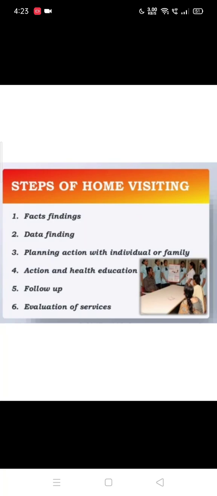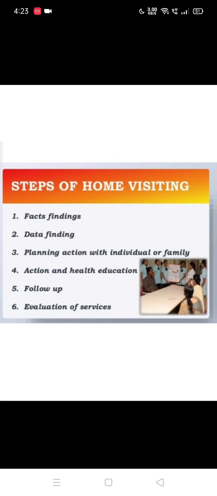As we know, health is a complete state of physical, mental, social, spiritual well-being. So all the data you can take: social information, physical data, emotional data, everything you can take. That is about the data finding.